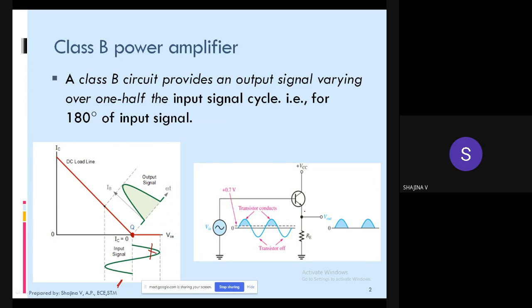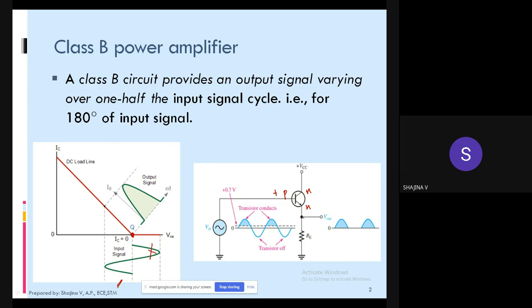Or using the transistor arrangement, we can say, since this transistor is in the cutoff region, only for the positive half cycle will this transistor become forward biased. Okay. So you will be available with this positive half. This is an NPN transistor, right? So when the positive half cycle is here, this is forward bias, and the positive half will appear at the output, right?